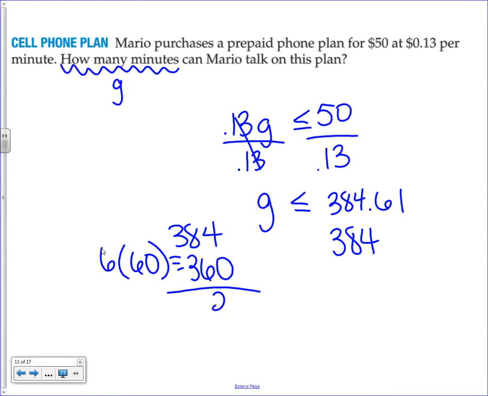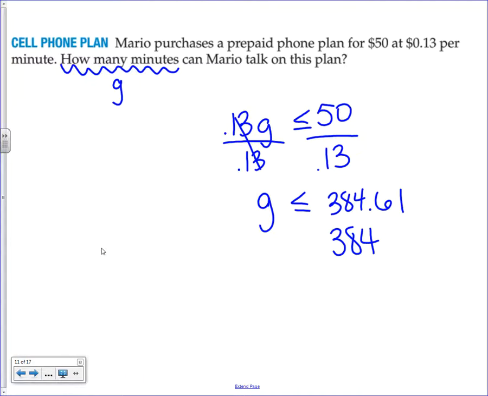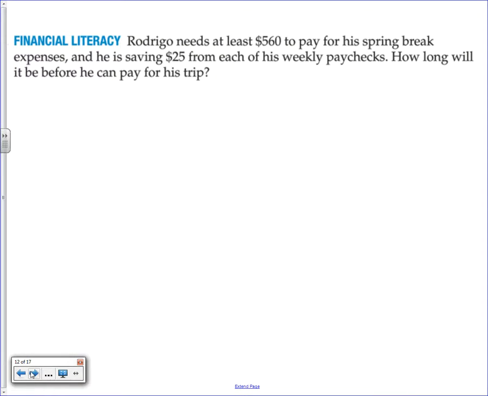So this is 6 hours and 24 minutes. About an hour and a half. About, right? And you'll get 6 point something, correct? 6.4. So about 6.5 hours. That's what we're talking about here. About 6.5 hours.